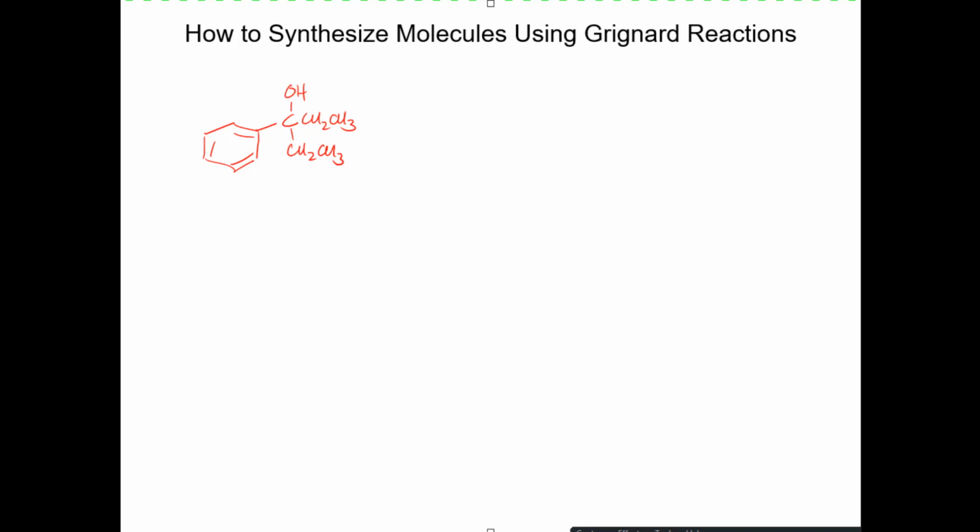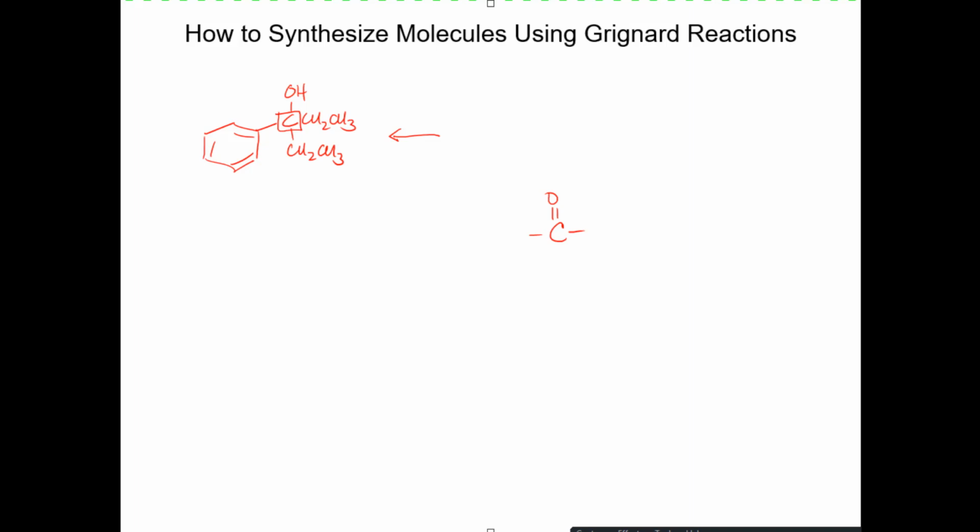And what I would say is that the carbon that's attached to the OH, what was it to begin with? It was a carbonyl, right? And what did I do? I added one of these three groups to the carbon that already had the other two groups present.